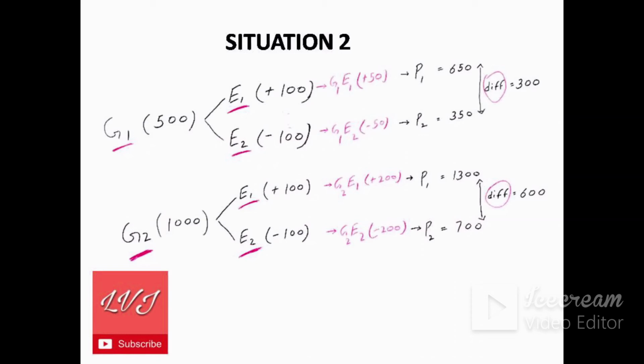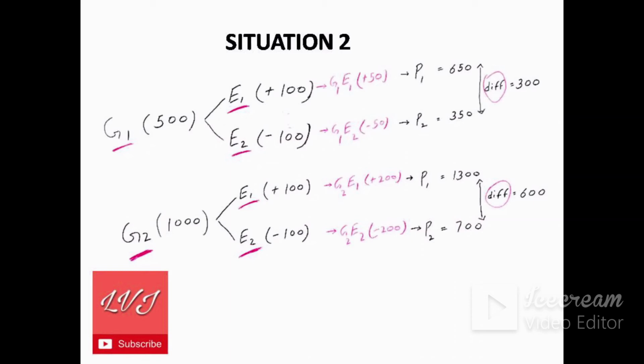Here the genotype 2 environment 2 interaction is responsible for a reduction of 200 kg of milk production in the genotype 2 animals. So the overall phenotypic value will be 700 kg. So the difference in production in the two environments will be 1300 minus 700, that will be equal to 600.